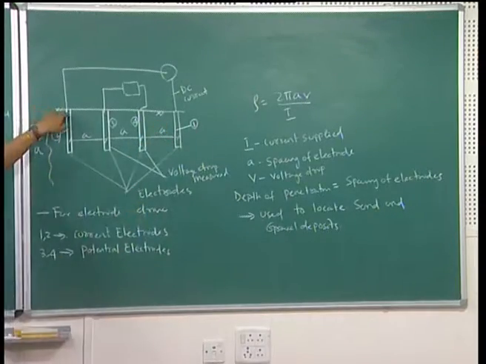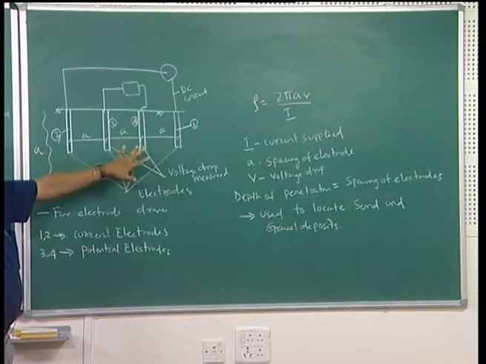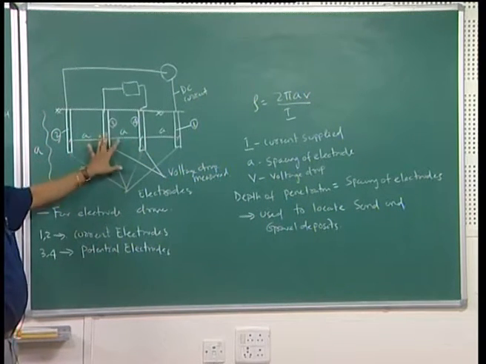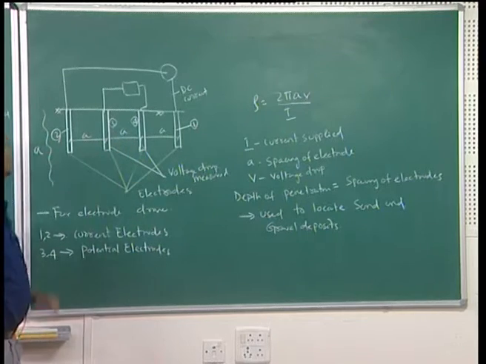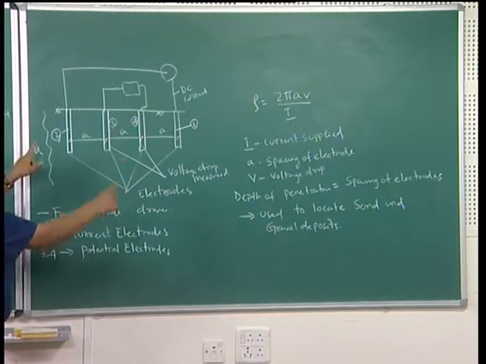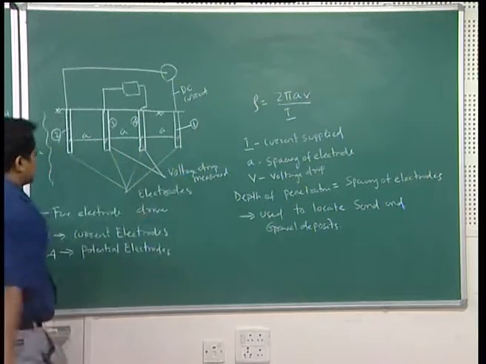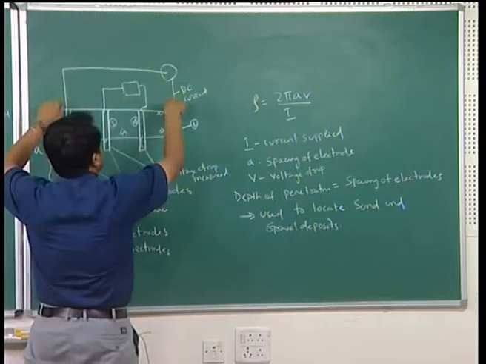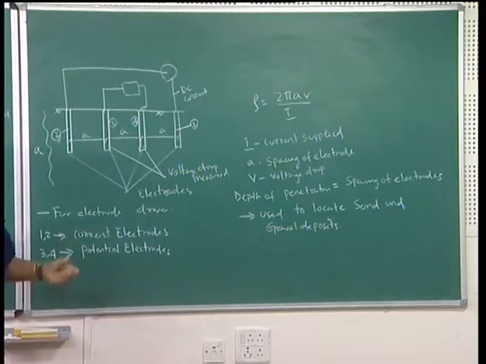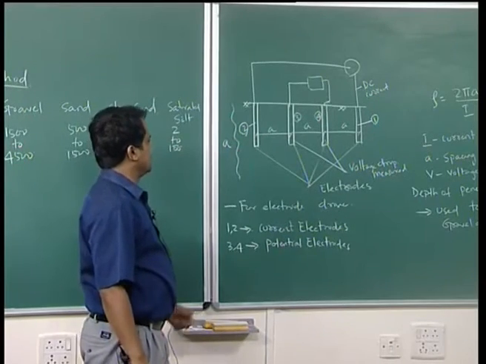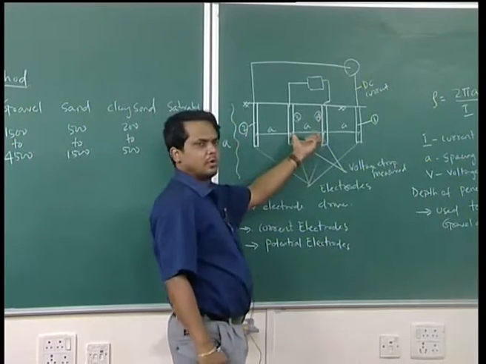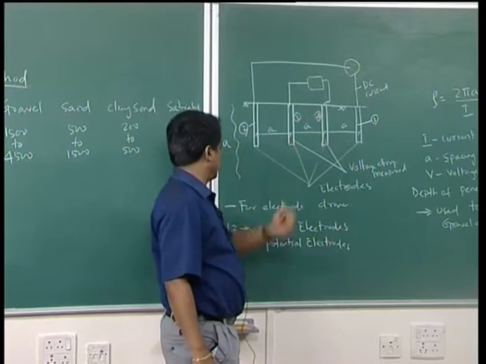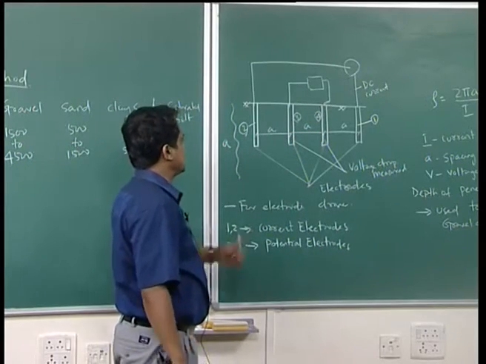In the ground there are 4 electrodes installed or penetrated inside the ground. Out of 4 electrodes, the outer 2 work as current electrodes, that means DC current is applied to electrodes 1 and 2, and how much voltage drop in 3 and 4 is measured, the potential drop.